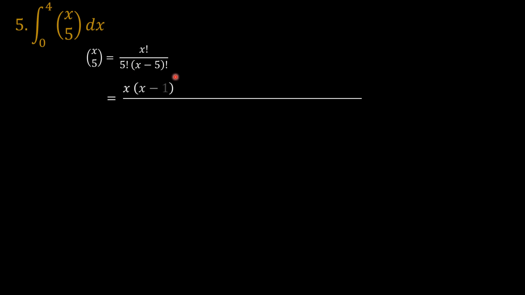So the next problem is the integral of the binomial coefficient x choose 5 from 0 to 4, and just using the formula of binomial coefficient. So x choose 5 would be x factorial over 5 factorial times x minus 5 factorial, which is, the x factorial is the product of x times x minus 1 times x minus 2 times x minus 3 times x minus 4 times x minus 5 all the way to 1, over 5 factorial times x minus 5 all the way to 1.